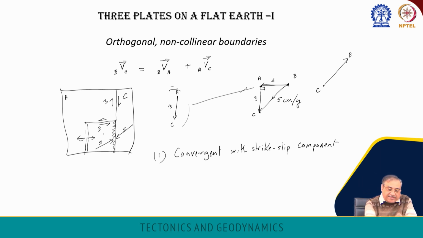B would consistently be produced along this particular boundary and would be tending to move towards the east. So, with time C and B would not remain collinear any longer. So, with time the configuration of this boundary will change.